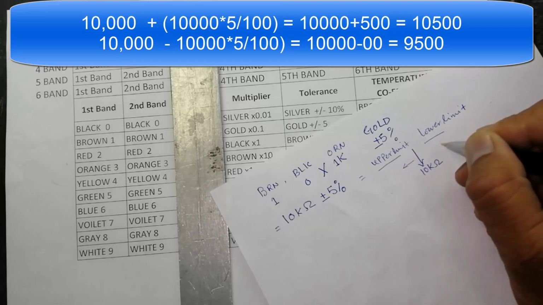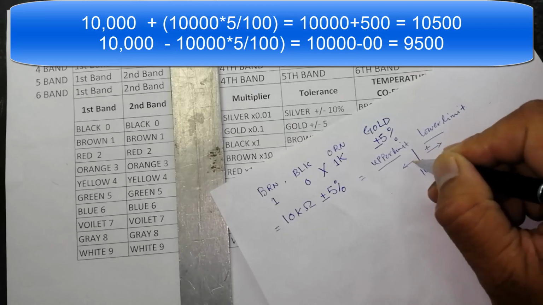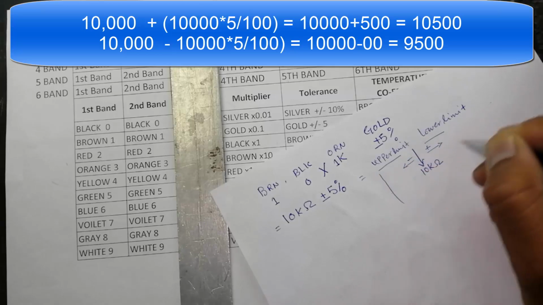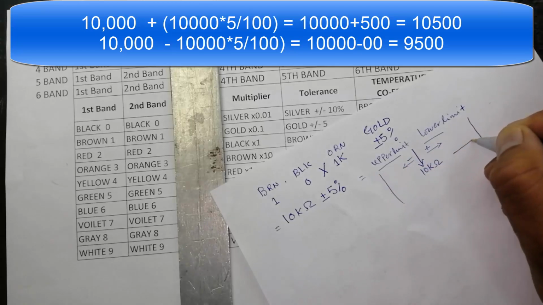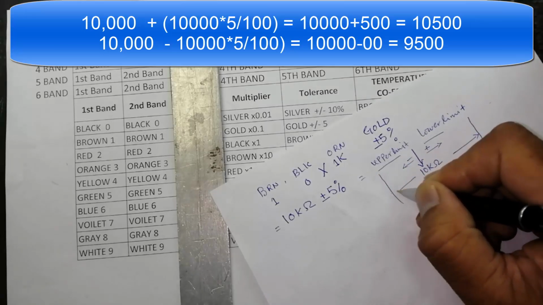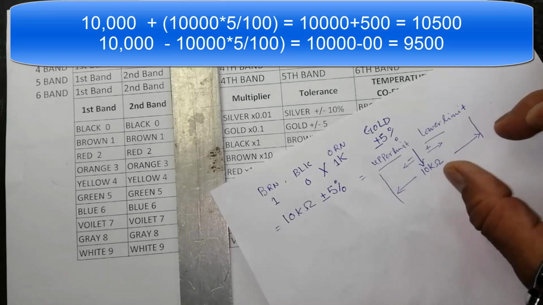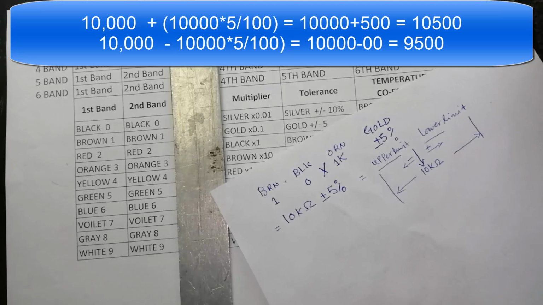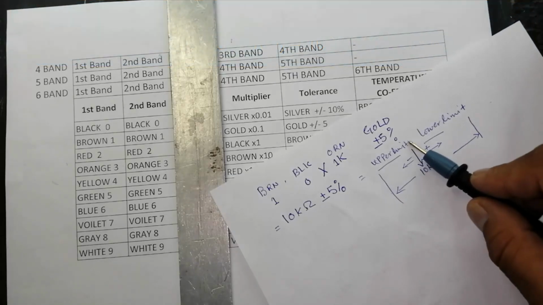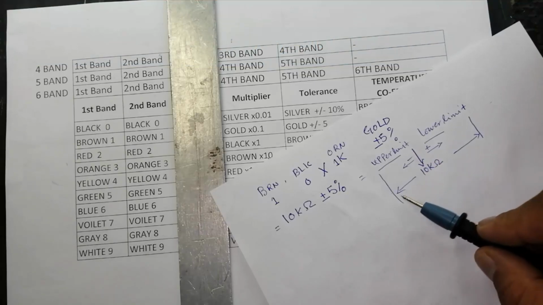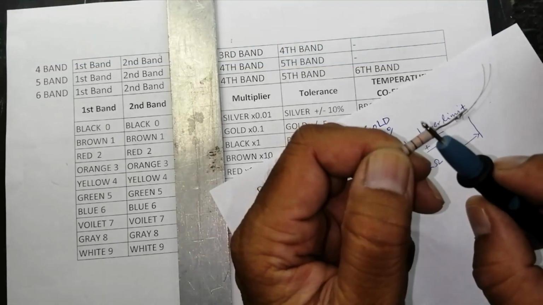You can subtract 5%, you can add 5%. So if the resistor value falls between this limit and this limit, that means the multimeter reads the resistance between this point and this point, any value around the nominal value 10k, so this resistor will be acceptable.